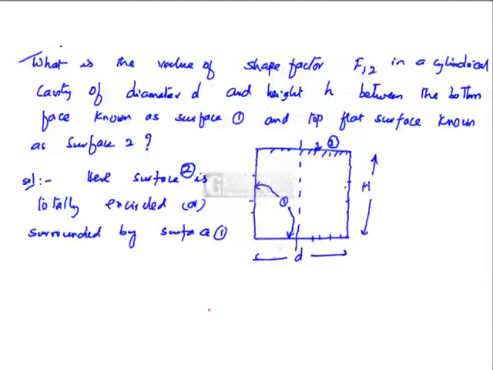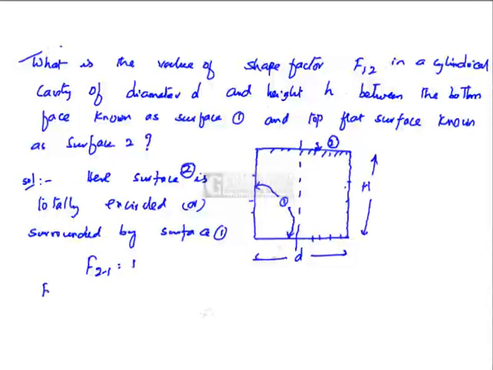I told you already, when one surface is completely surrounded by an outer surface, the shape factor of the inner surface with respect to the outer is equal to unity. Therefore, shape factor F21 is equal to 1.